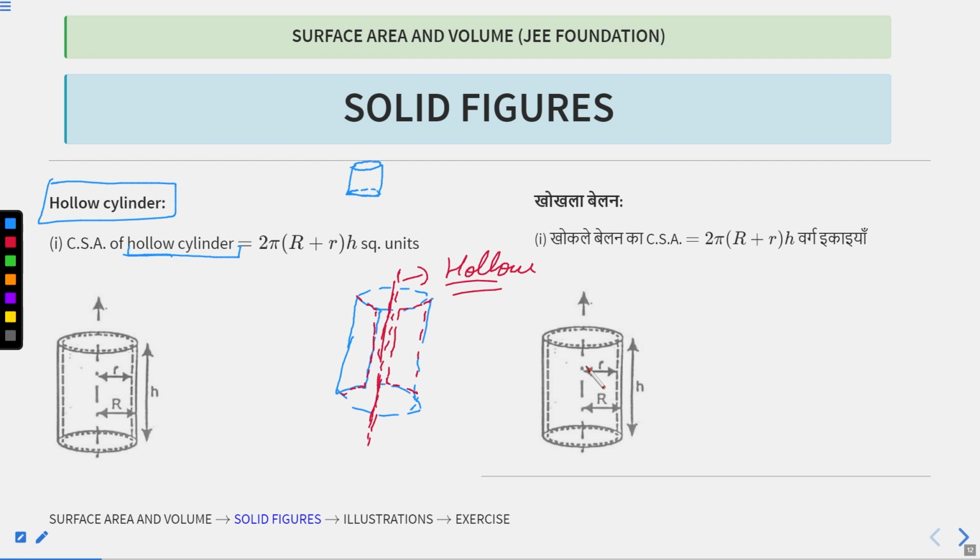So I have two radii now, one for the bigger cylinder, that is capital R radius, and one for the small cylinder. If you try to see the topmost view of the hollow cylinder, it will look like this, the blue cylinder, and this is the hollow part of the new cylinder which I just carved.